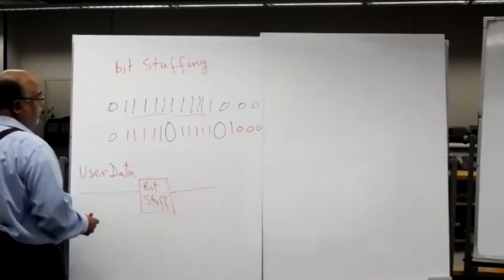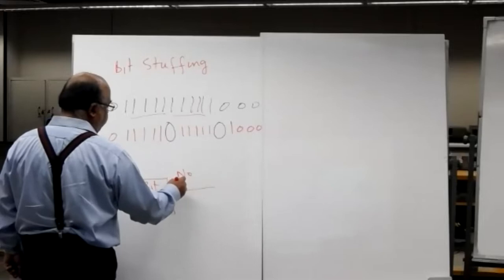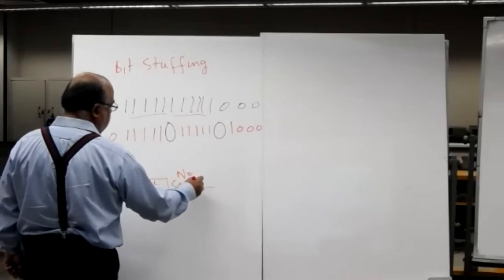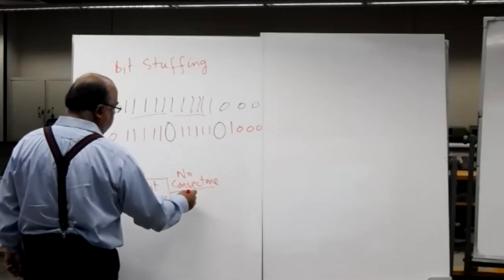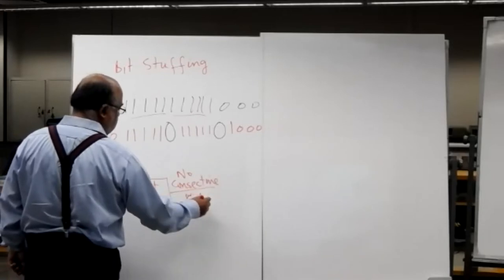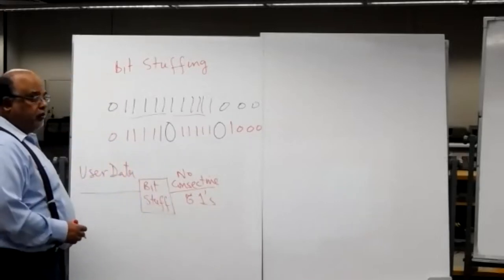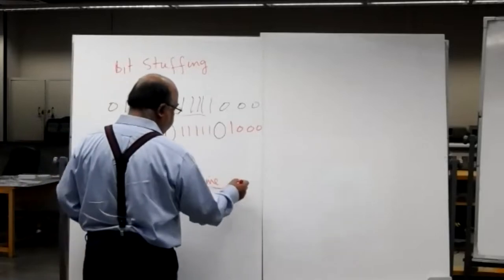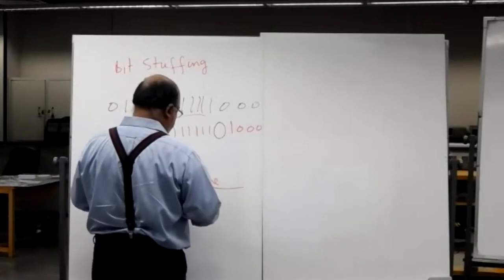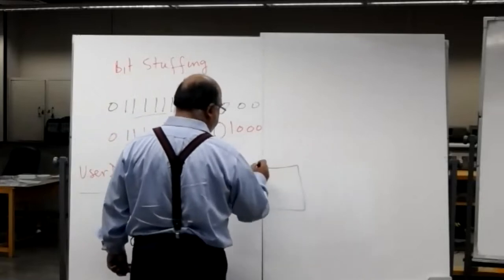Now we never have more than 5 ones, no consecutive 6 ones in this data. So this data is sent to the packetizing framing software.